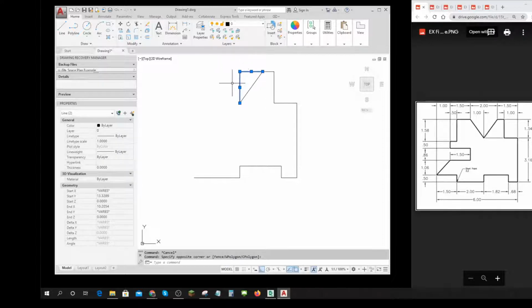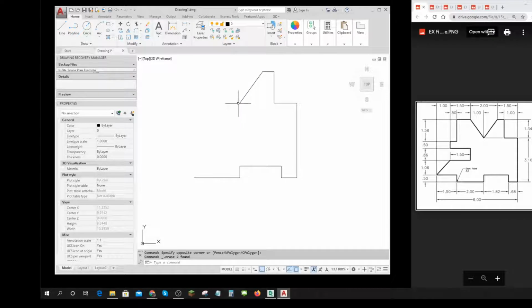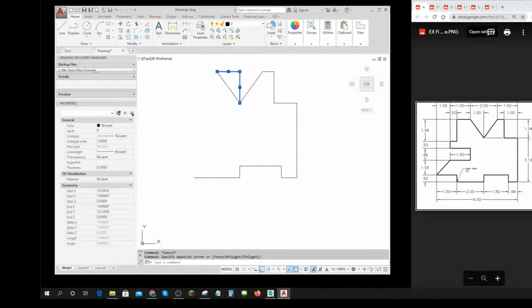And I'm going to delete those. And then I'm going to go up 1.34, over 1, down, and delete those.